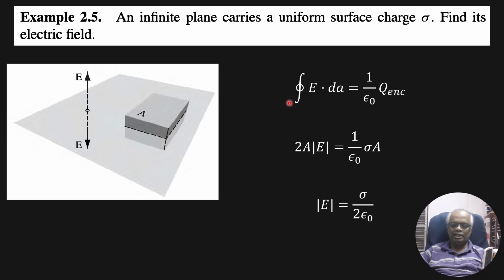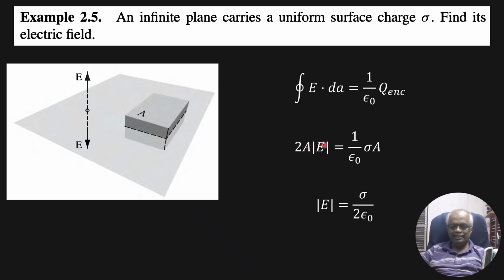So according to Gauss theorem, the surface integral of E dot dA is equal to 1 over epsilon naught times the charge enclosed. So here we are considering Gaussian faces from top and bottom with the same area A. So the total area is 2A.